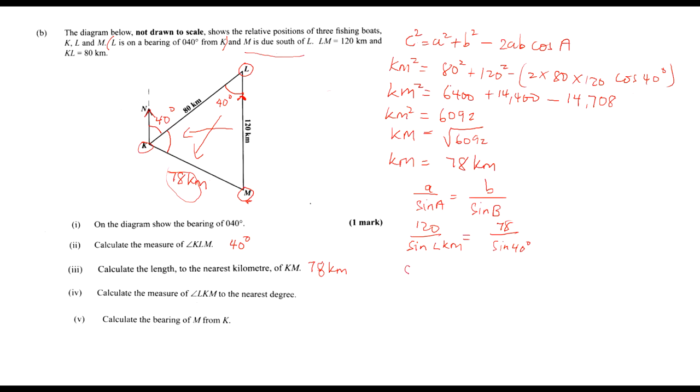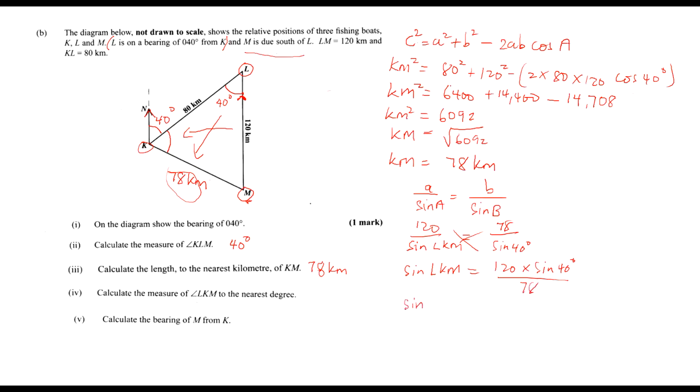So therefore sine LKM is equal to, we're just going to cross multiply here, so we'll end up with 120 multiplied by sine 40 degrees over 78.